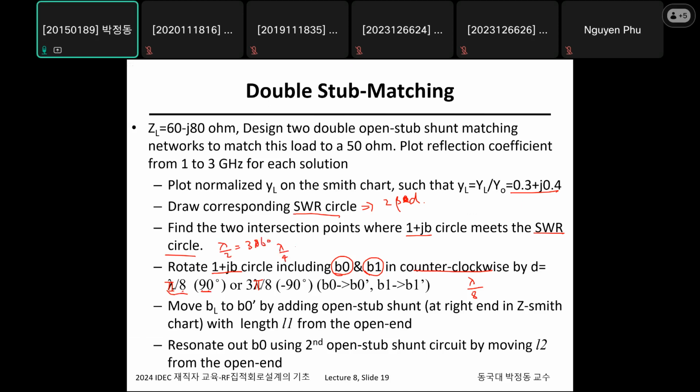Lambda over 4 is 180, and lambda over 8 is 90 degree. That's the same meaning. Okay, so this is correct. Okay, so the wavelength D is lambda over 8, right? Lambda over 8. Okay, so we just move this by lambda over 8 like this.